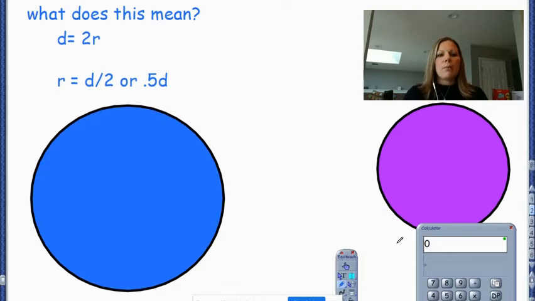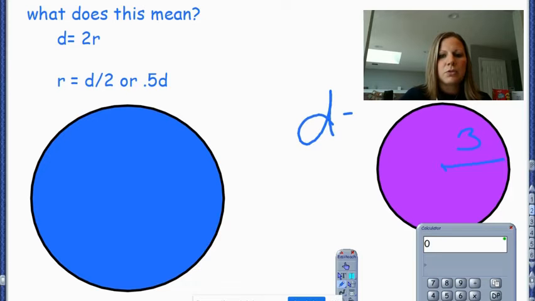So when we have radius and diameter, if I told you my radius was 3, to get from my radius to diameter, I double it. So my diameter equals twice my radius. So diameter equals 2 times 3.